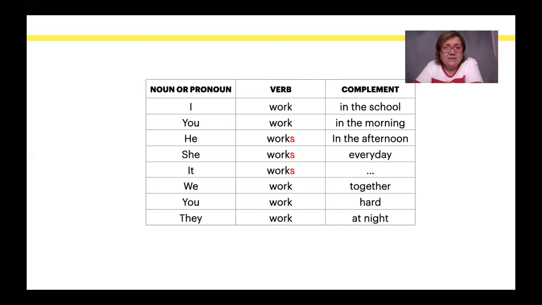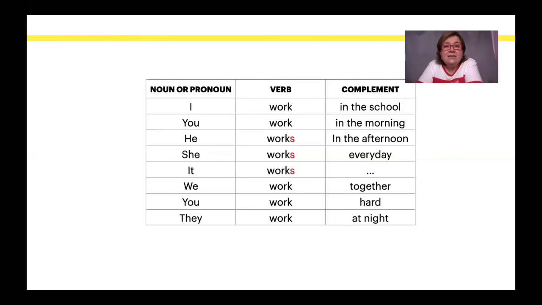Okay, we have an example of a verb. The verb in this case is work with all the pronouns, and I chose the complement just to express different ideas. I work in the school, you work in the morning, he works in the afternoon, she works every day, it works nothing. Why nothing?